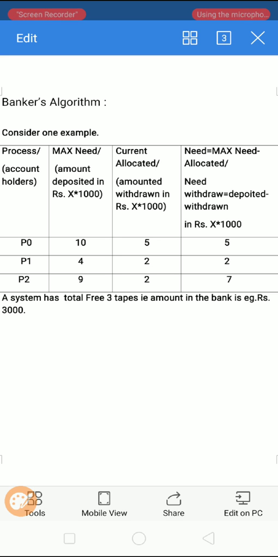He has withdrawn some amount, for example 5,000, and he knows he has 5,000 in the bank. So when the P0 account holder wants to withdraw 5,000 from his account, whether the bank actually has that much amount for allowing that kind of withdrawal.